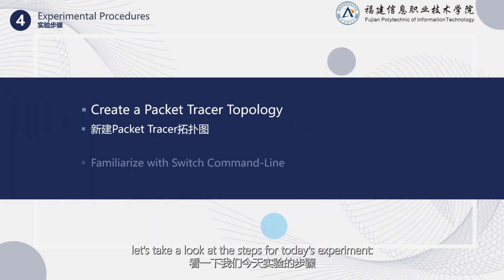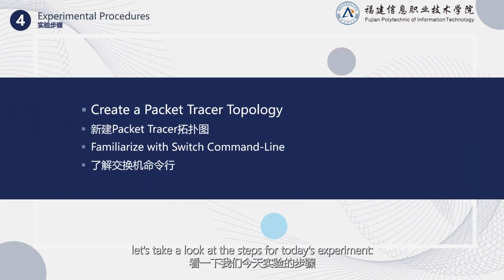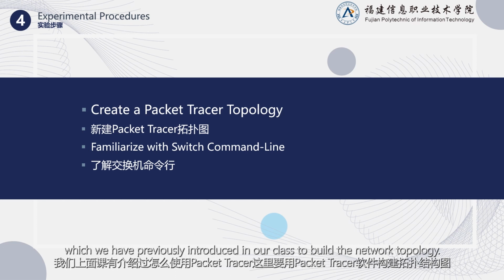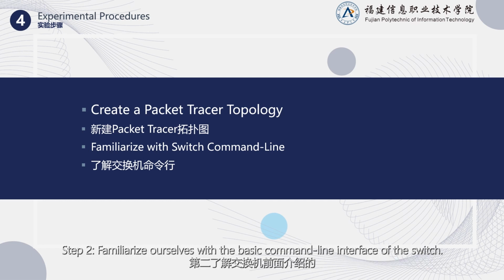Now, let's take a look at the steps for today's experiment. Step 1. Use the Packet Tracer simulation software, which we have previously introduced in our class, to build the network topology. Step 2. Familiarize ourselves with the basic command line interface of the switch.